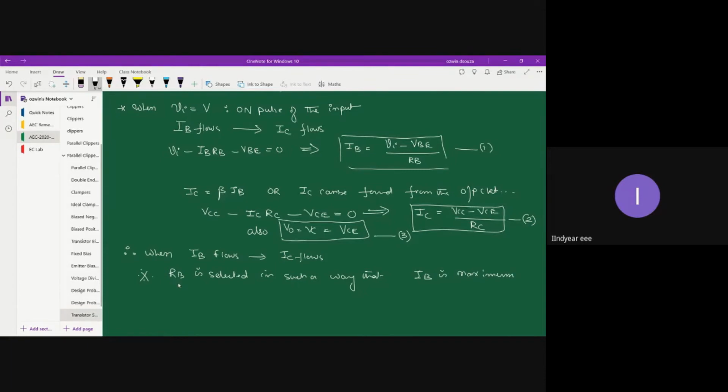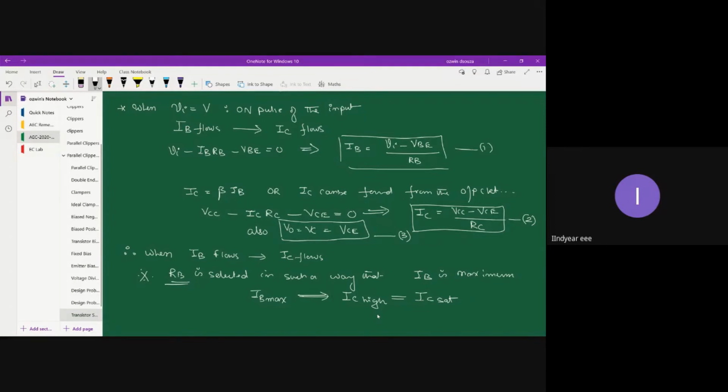So the selection of RB is done in a manner that your base current becomes maximum. Because if you have IB max, you can expect a very high collector current. That high collector current can be considered as IC saturation, because that is what you wanted for the on state. You want your collector current to be maximum in order to have the on state.